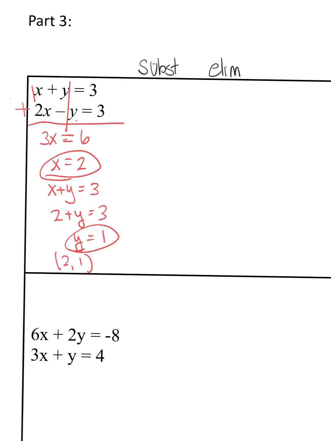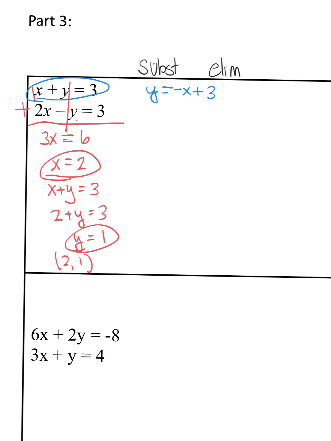The other way that I could do this is using substitution. And since both of these equations are easily solved for y, the most common way we see this is if we would take this first equation and solve it for y, it would be y equals negative x plus 3.